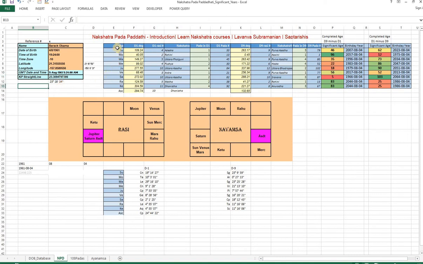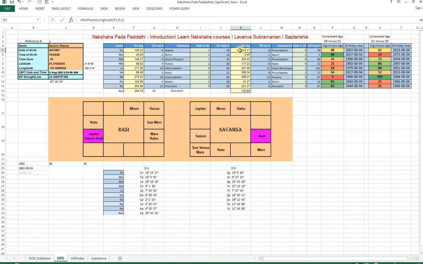So for each graha in this chart, you get the D1 degree. From the degree, you can calculate which Rasi it is, which Nakshatra it is, which Pada it is, and what the Pada number is out of the 108 padas. Similarly, you get a degree for D9; the Navamsa is also mapped to 360 degrees.